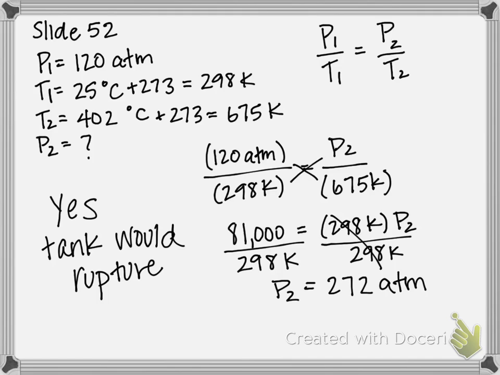And that's the end of the problem. So the two things we were looking for are pressure, and yes, our tank would explode if the temperature was brought up to 402 degrees Celsius.